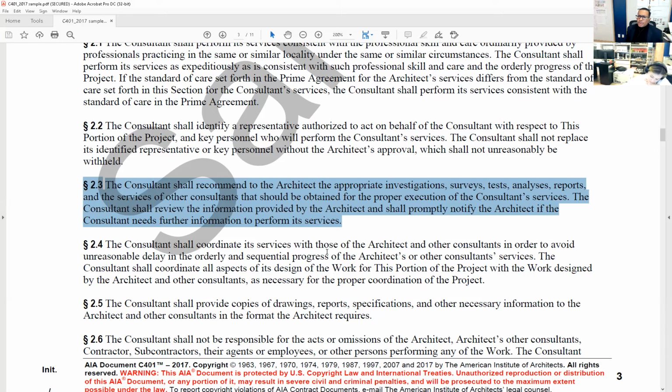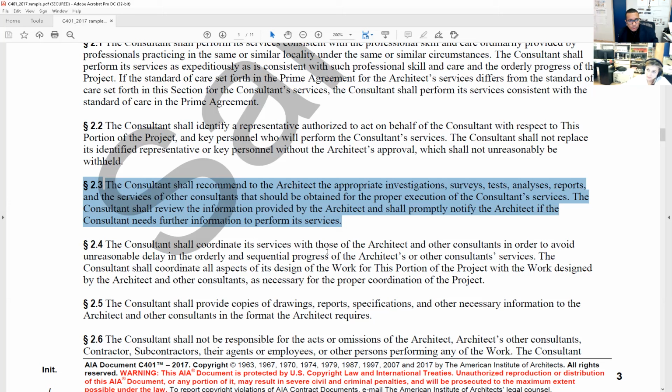One example of this would be we're calling a structural engineer, right? We're going to be designing a building at such and such location. The structural engineer now is a consultant to us, but for him to be able to engineer his structure, he needs a soils report. That's actually being done by a geotechnical engineer.